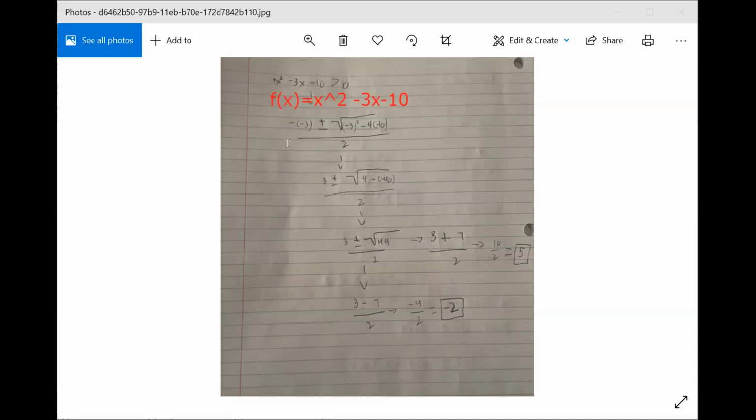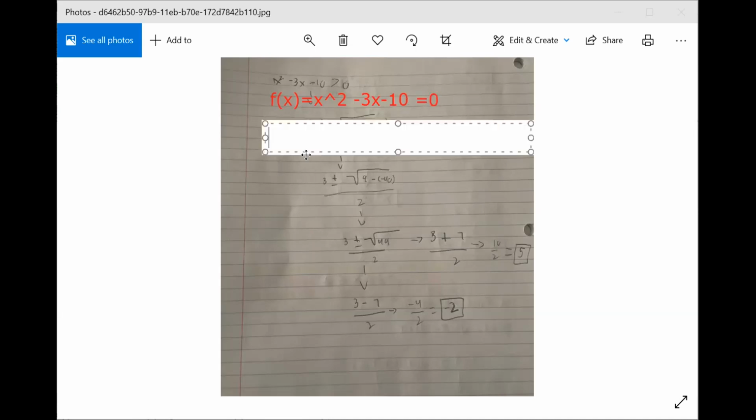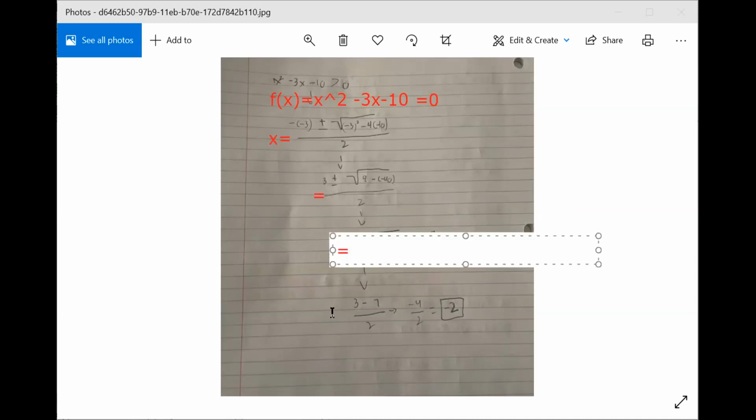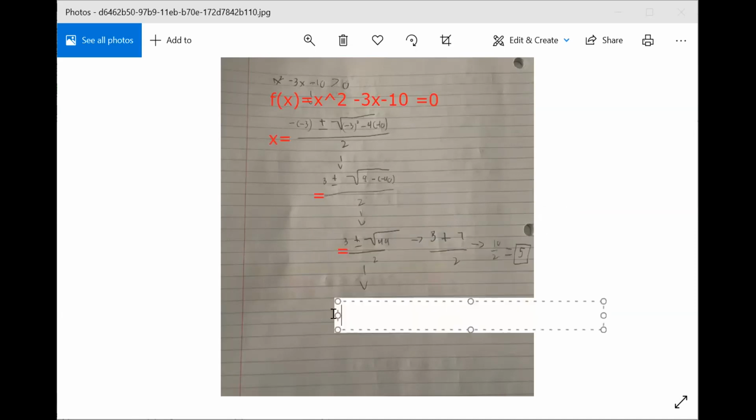You're trying to find the x-intercept, or you're saying, I'm setting this equal to 0, and the solution you're getting. So you would like to have these equal signs there. Do you follow me? So these are the narratives.